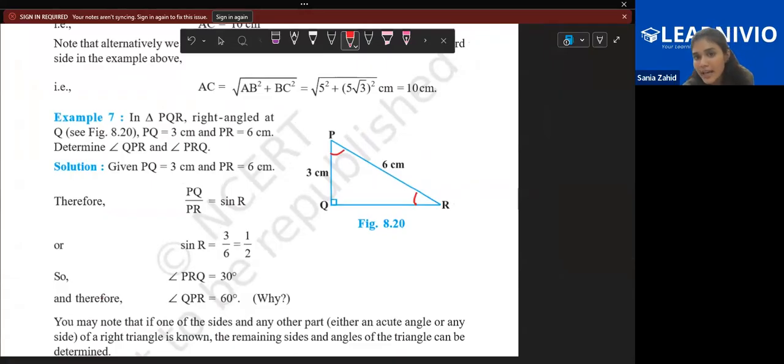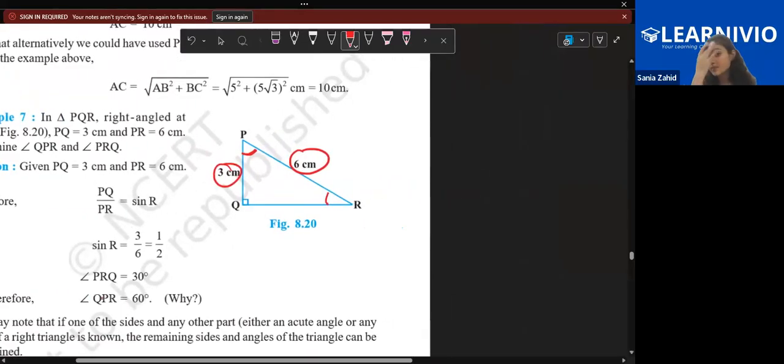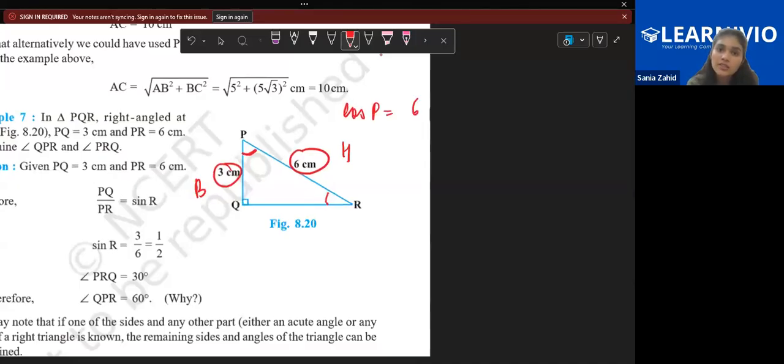Tell me, can you find any relationship between angle P, 3 and 6? This is the hypotenuse, this is the base. So what was base by hypotenuse? Cos. So cos P is 3 by 6, base by hypotenuse.